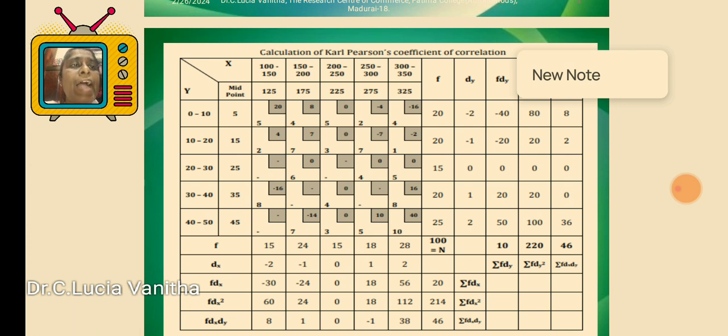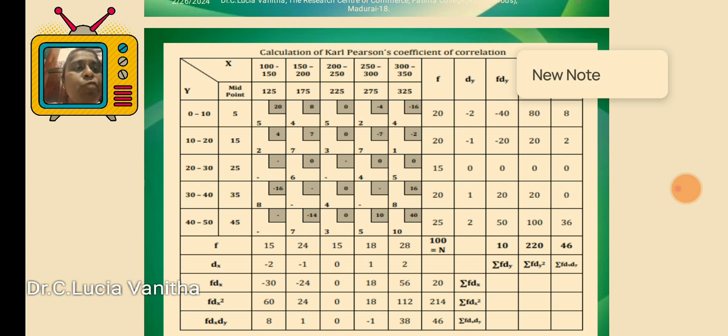Row wise we add: 5 plus 4 plus 5 plus 2 plus 4 is 20. We put it as f on this side, for 0 to 10. Similarly, 2 plus 7 plus 3 plus 7 plus 1 is 20.